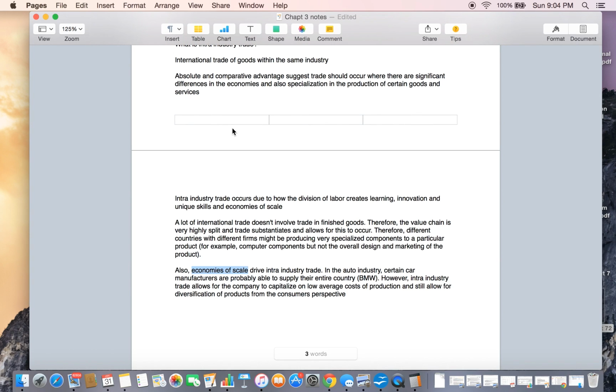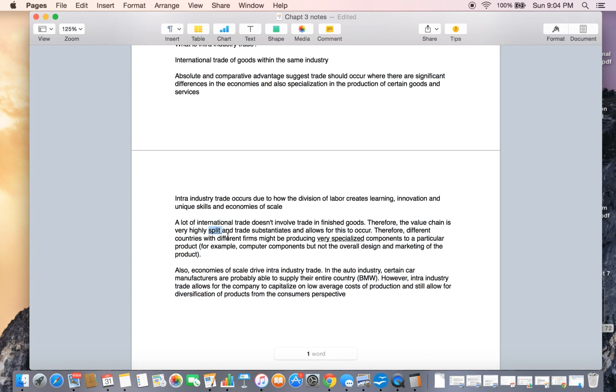So, two reasons why we have intra-industry trade. Absolute advantage and comparative advantage would suggest that we wouldn't have a lot of intra-industry trade. However, we do see it due to highly specialized and very, I would say, split production.